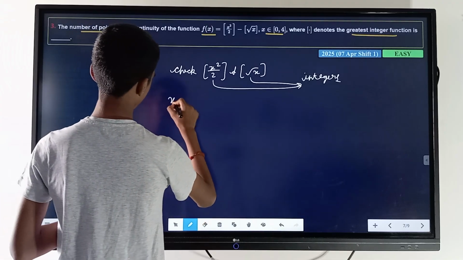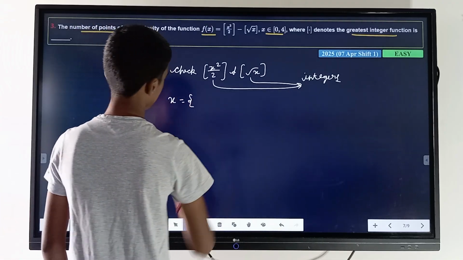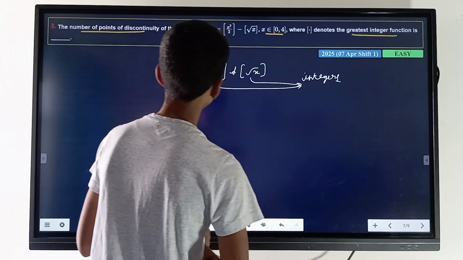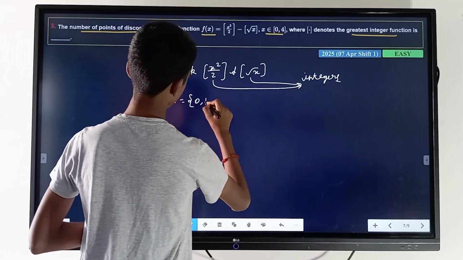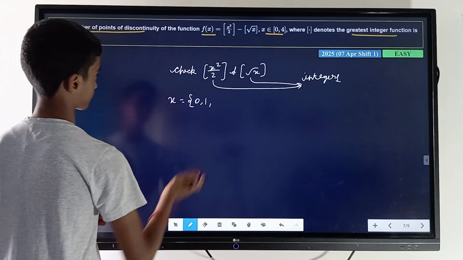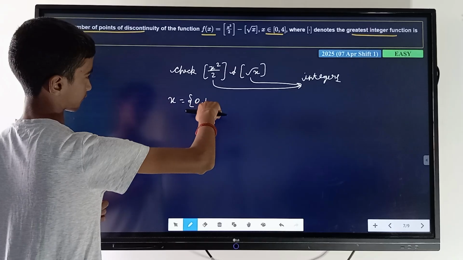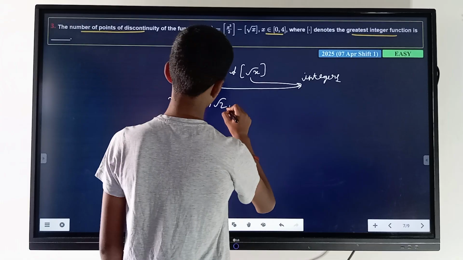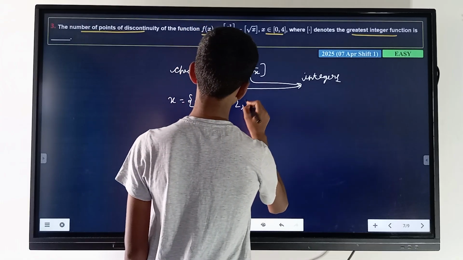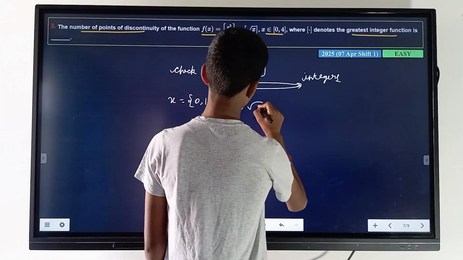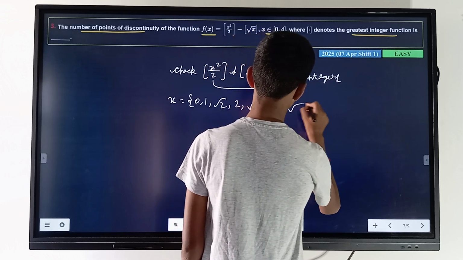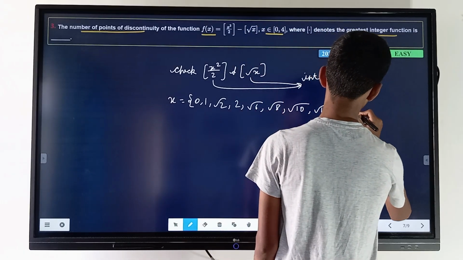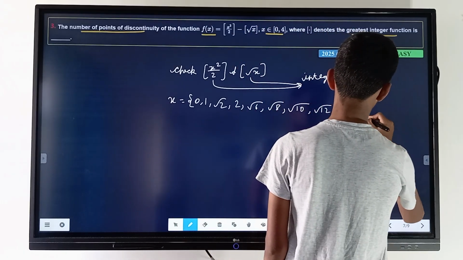So for these two to be integers, x will be not simultaneously, so then x will be 0, 1. For 0 both are integers. For 1, this is not an integer, but this is an integer. And root 2, root 4 will be 2. Root 6, root 8, root 10, root 12, root 14, and for root 16 this will be 4.